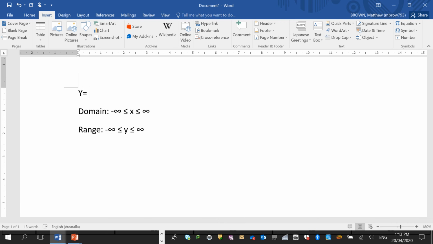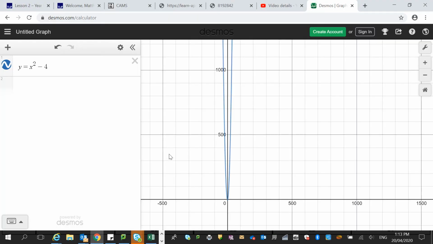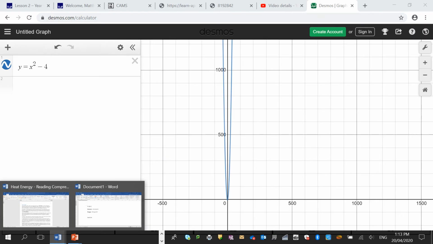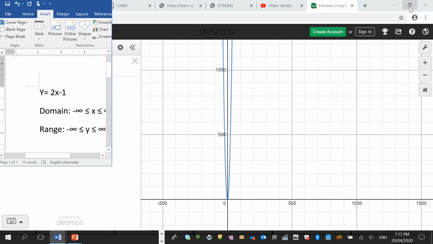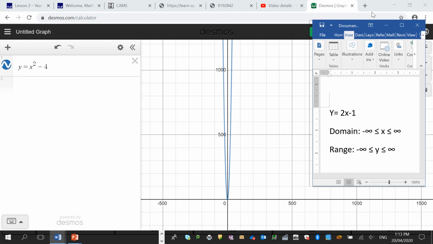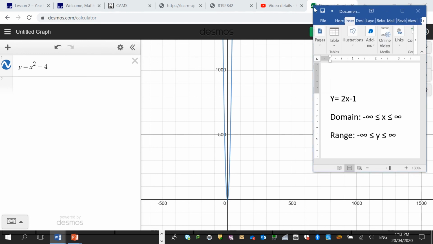y equals 2x minus 1. And for y equals x squared minus 4, was it 4? 4, yep. The domain is still, hang on a second, I'll just do it so I can have both on the same screen.